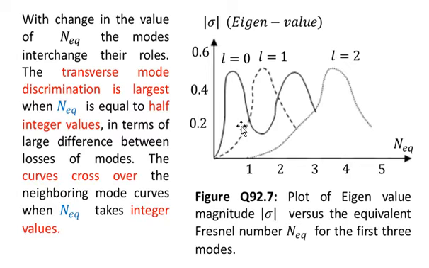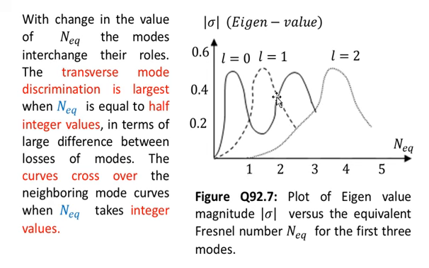And you see that neighboring modes interact, that is, the two waves interact with each other. This interaction point occurs at integer values. For example, the L equal to 0 mode and the L equal to 1 mode meet at the point which corresponds to a value of N_eq equal to 1.